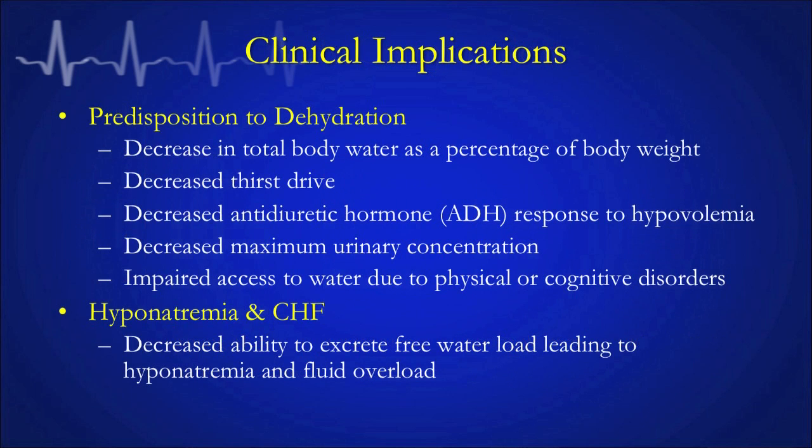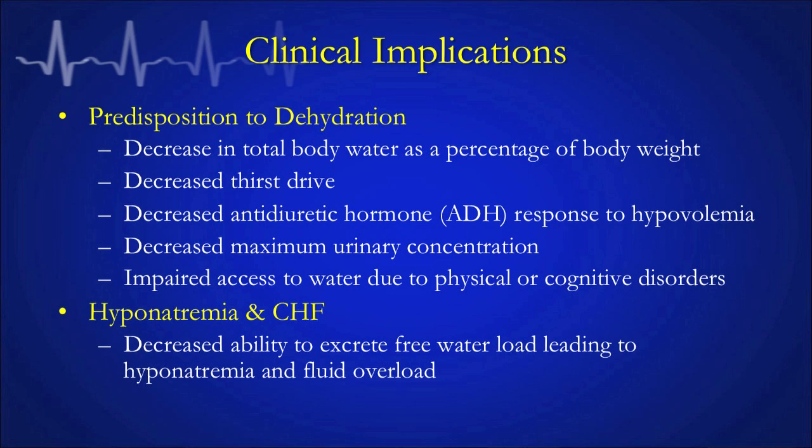In addition, we know that there is decreased thirst drive, decreased ADH response to hypovolemia. There is decreased maximum urinary concentration. So even when people are not taking enough fluids, the kidneys do not have the ability to concentrate urine as much as they would with a younger person.